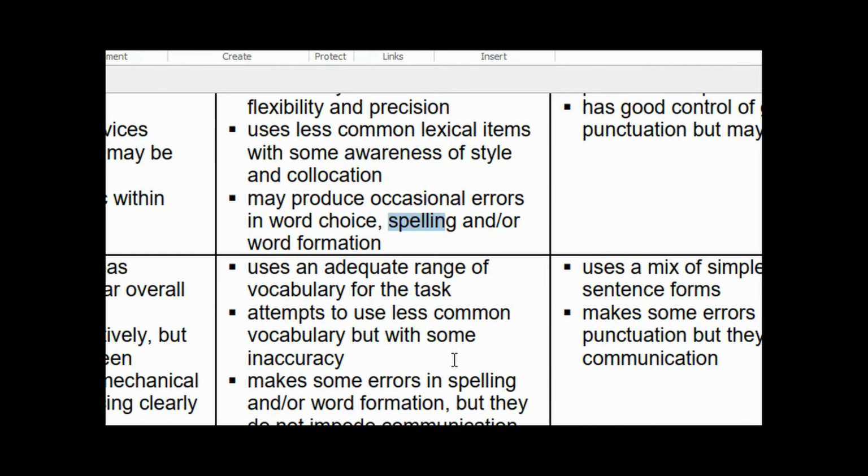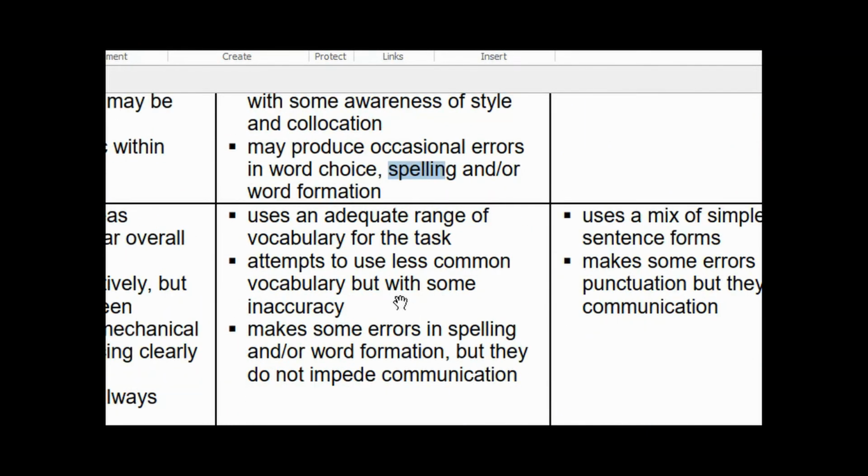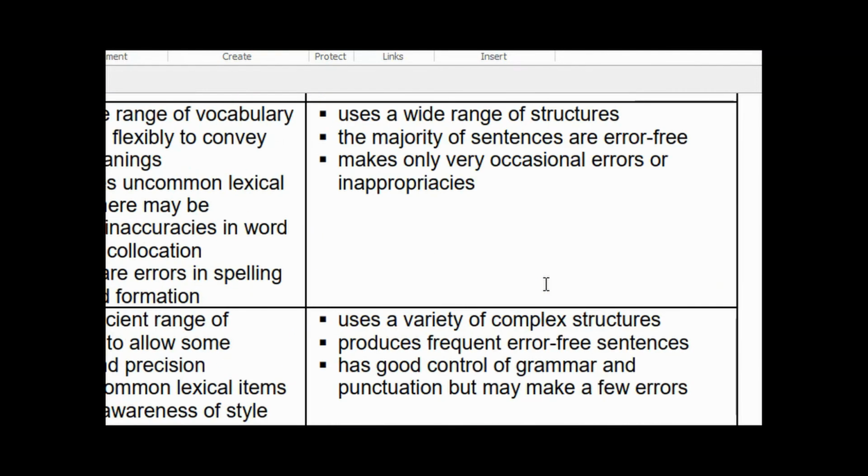Okay. So I would say it's an attempt to use less common vocabulary, but with some inaccuracy. And even though there are very few, there are a few mistakes in spelling or word formation, but you can still understand what the message is. So probably a 6 also.